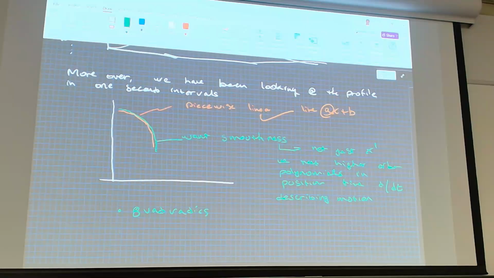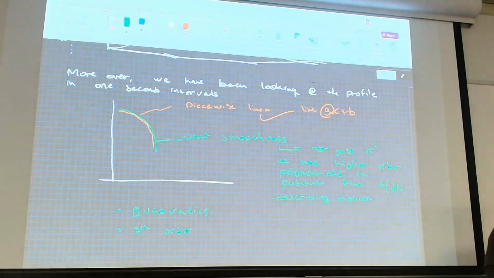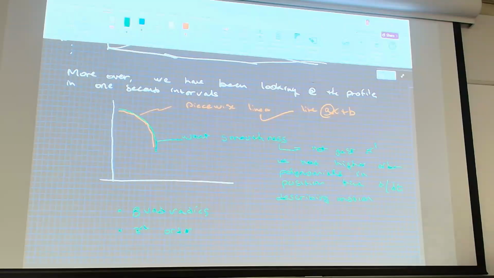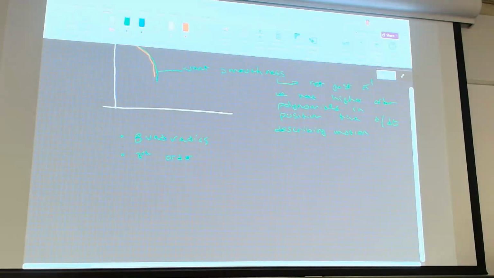I could do a third order. I could go to a fourth order, a fifth order of the positional time derivative. We did this in high school physics and high school calculus.